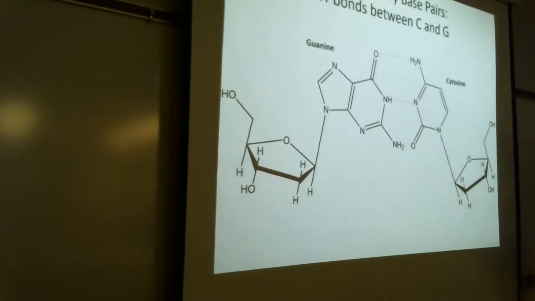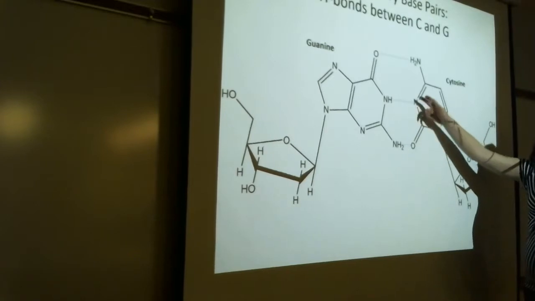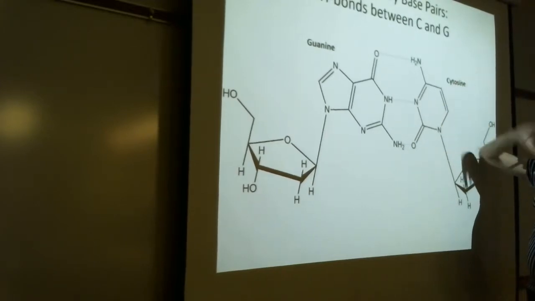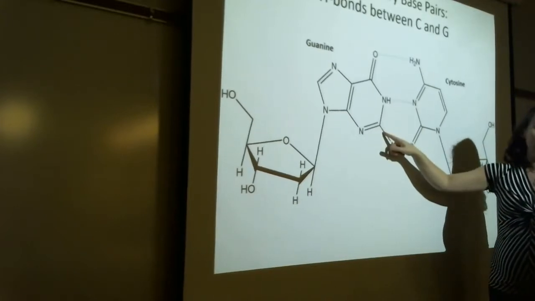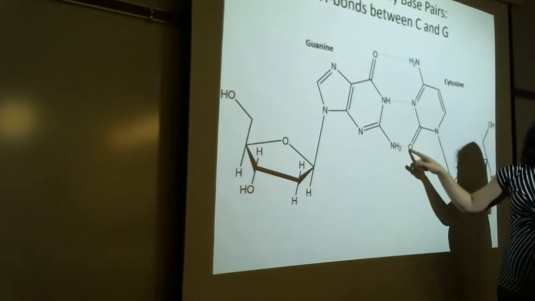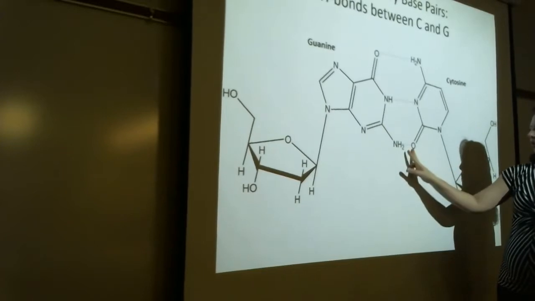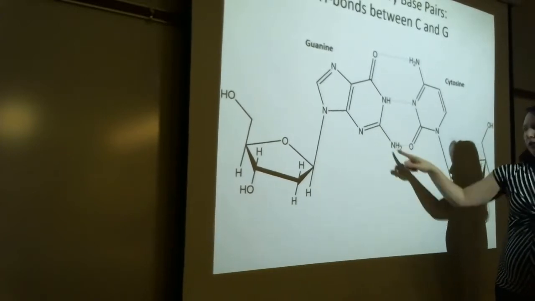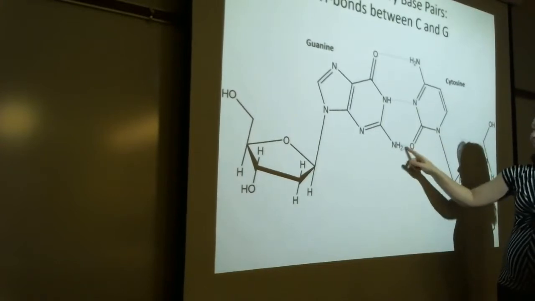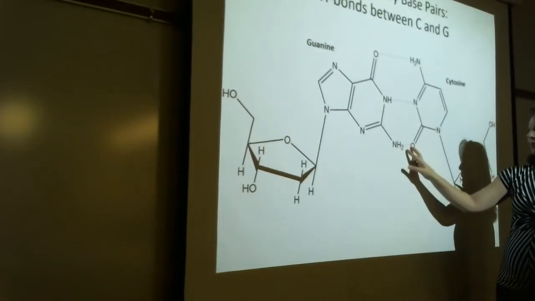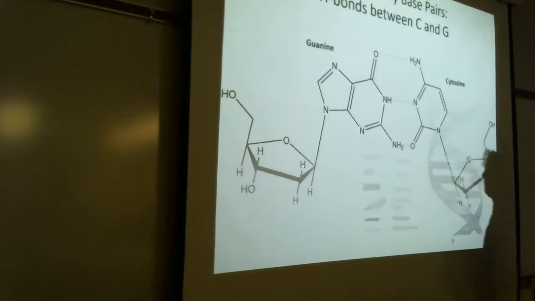Okay, so again, IMFs collectively are going to be strong, but they're not going to be anywhere near as, say, this bond strength, right? That's a covalent bond. This is an IMF. So if we were going to compare strength of this attraction versus strength of this covalent bond, this one kicks this one's butt all day long, right? Because this is not a transfer, this is not electrons being shared, whereas this is.